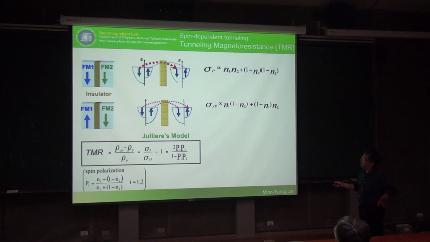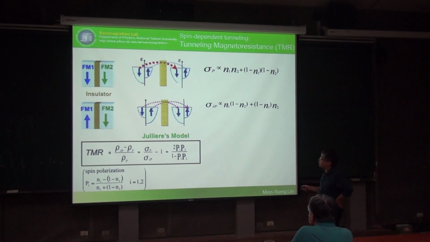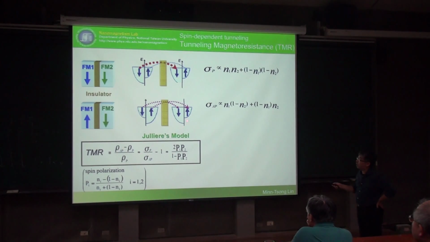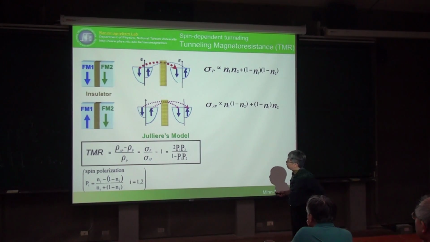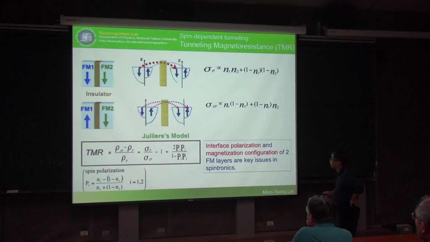However, if you change the direction to anti-parallel, you get lower conductivity. Similarly, you can build up your magnetoresistance, but for a different reason.